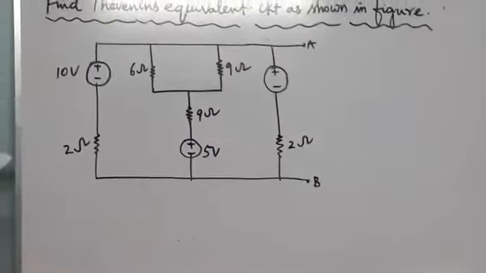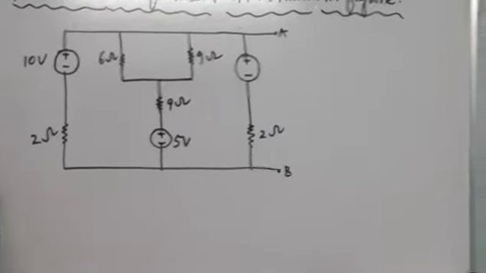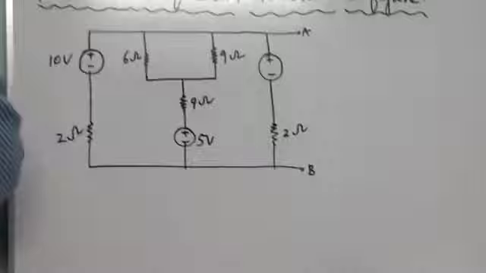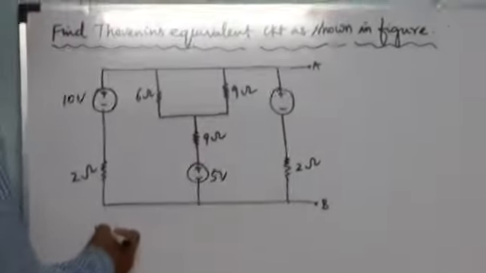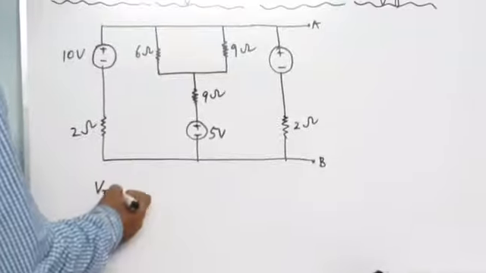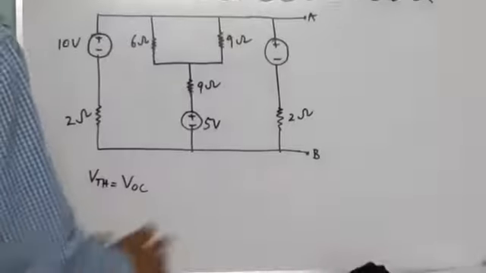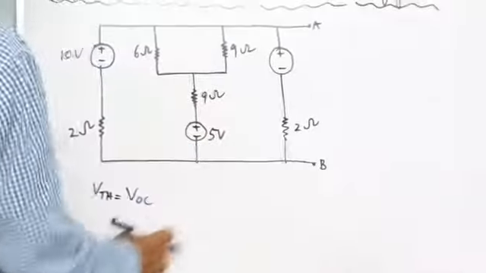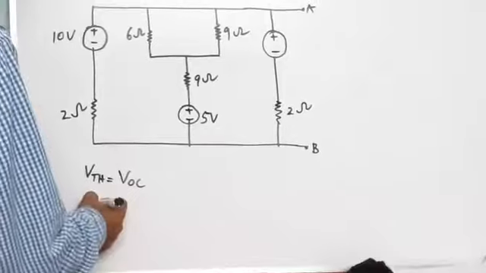First, as usual, what we have to do is find VTH or VOC, that means the voltage across AB terminals, and then Isc.